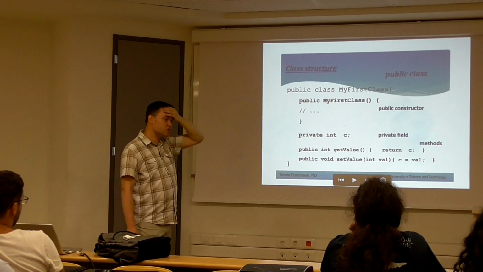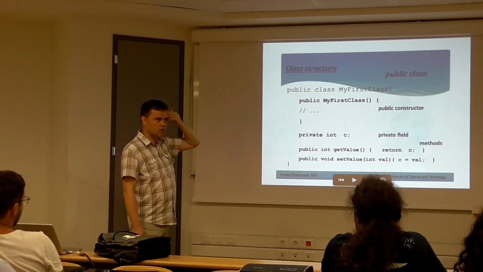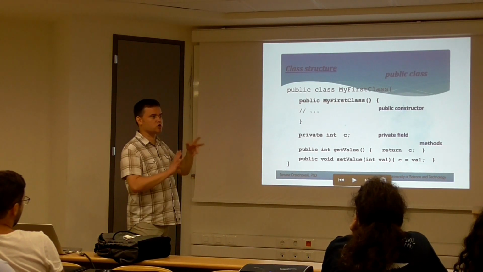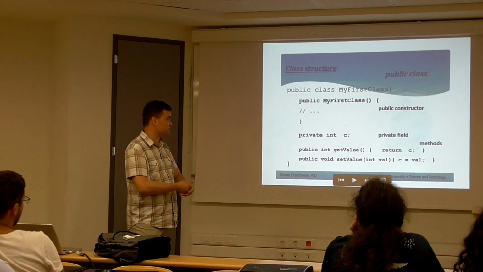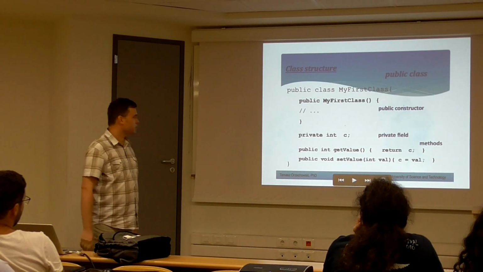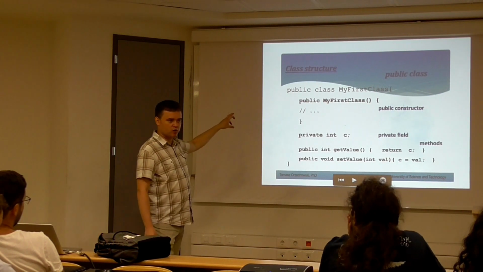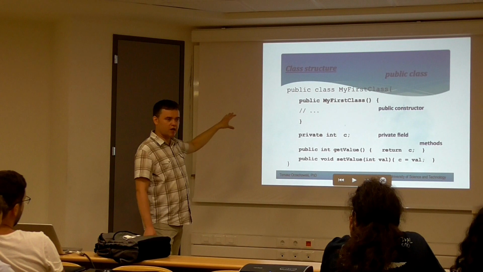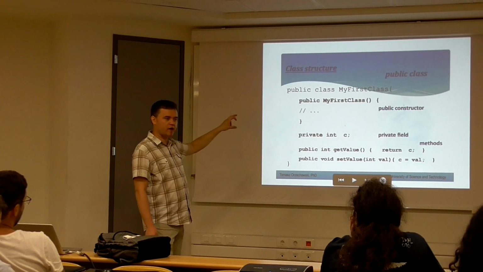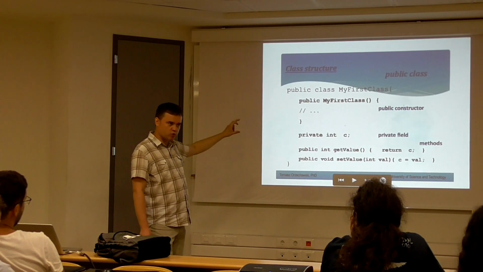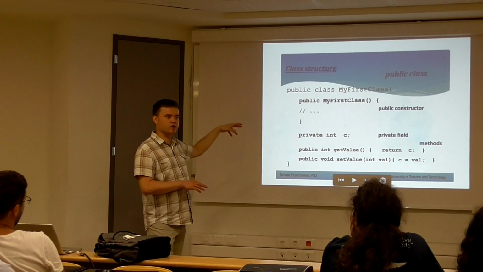Okay? Sometimes when we don't need to create a special constructor, you don't need to add a constructor to your code. In this case, Java will create the constructor also, so we can create the object.